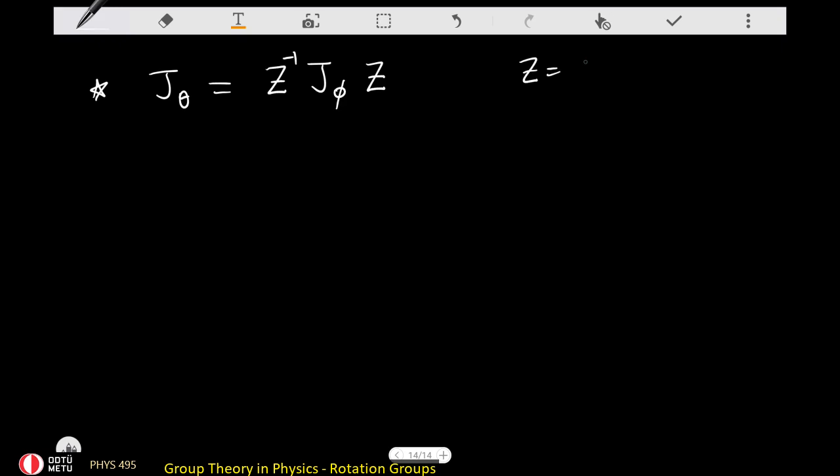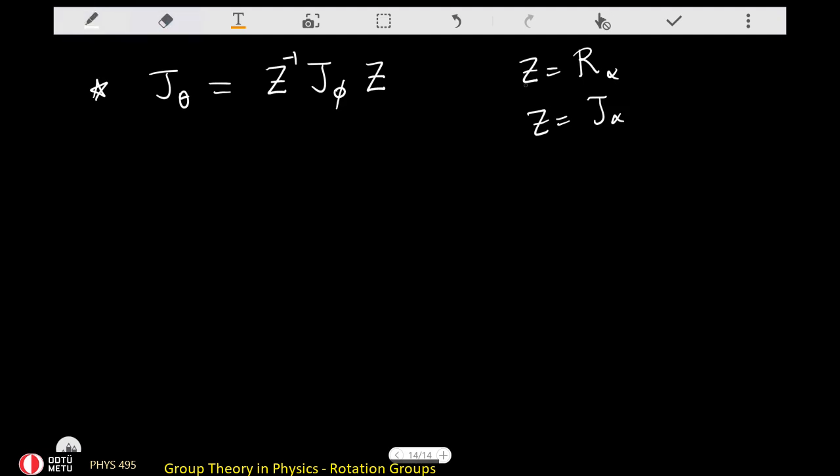You just let this thing be equal to a rotation, take z to be equal to R minus alpha, sorry, J alpha, and see what happens. You can do the analysis in here, but I'm just going to do it like that.